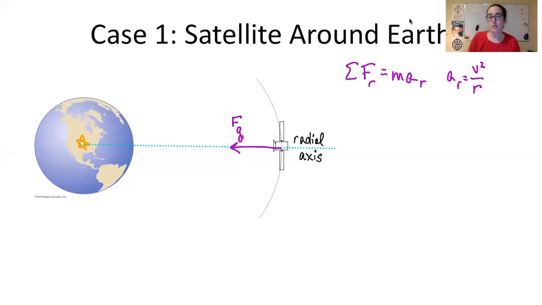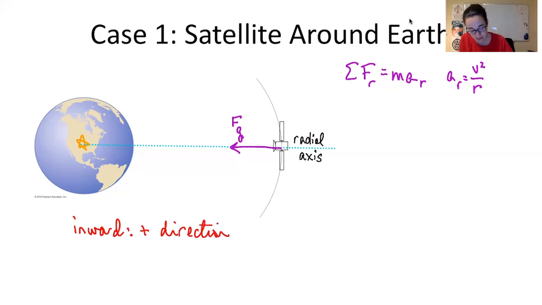The second equation comes from our free body diagram. Inward forces are positive. Outward forces are negative. And so in this case, we only have an inward force.